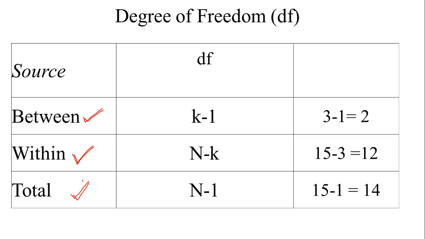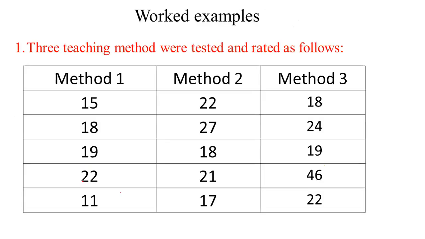Yes, Doctor. Now I want to go back because I want to explain this table using the data that we have. When you look, method 1 has how many samples? Method 1 has 1, 2, 3, 4, 5.